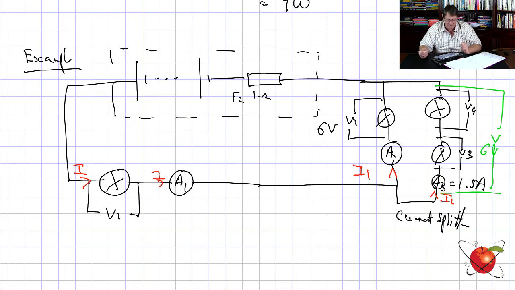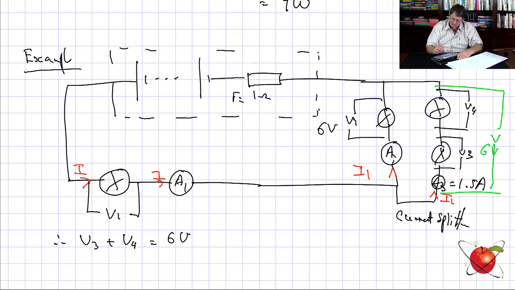Therefore, the voltage must be 6 volts across there, which is correct. The voltage across the branch is that, and I can say that therefore V3 plus V4 must be equal to 6 volts.